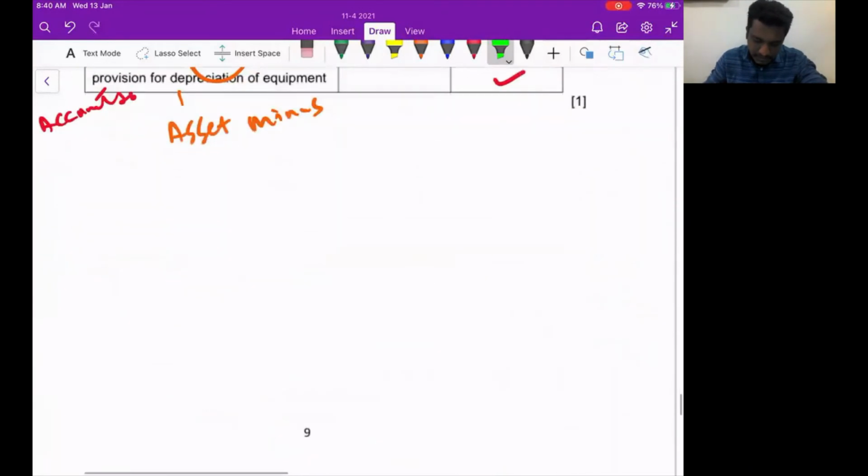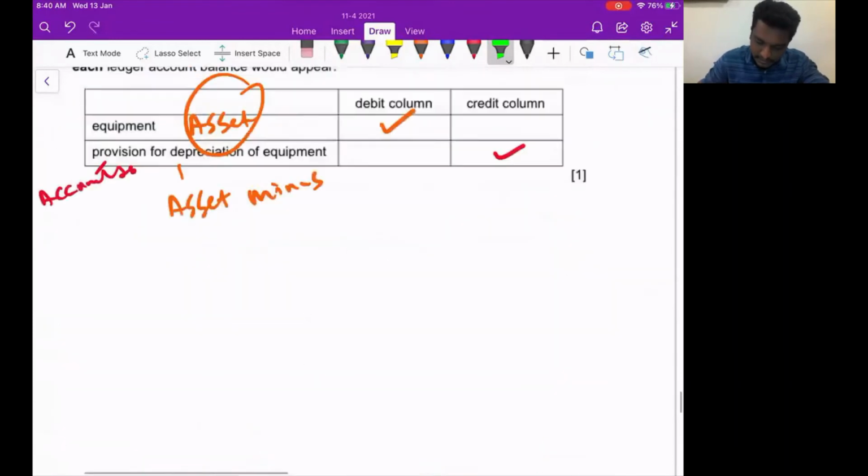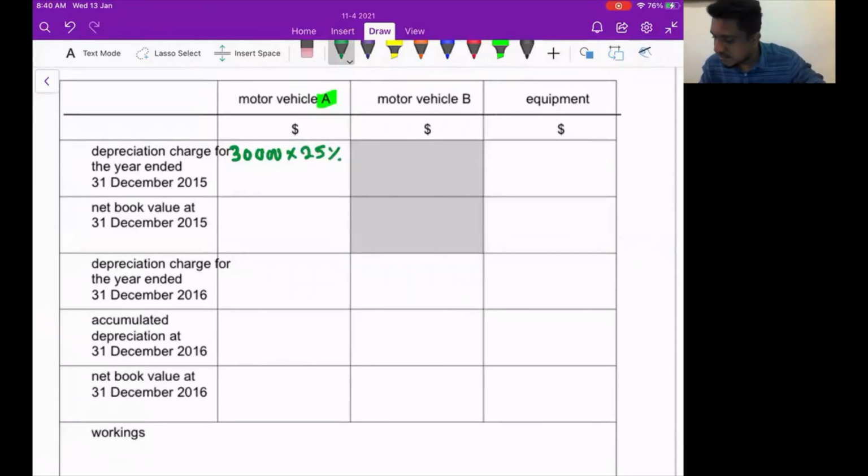So I take 30,000 times 25%. You get 7,500.